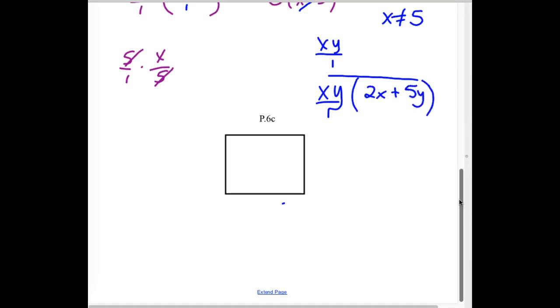What would we get here for a denominator? If you distribute, 2x squared y plus 5xy squared? Okay.